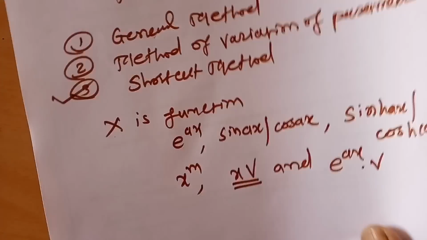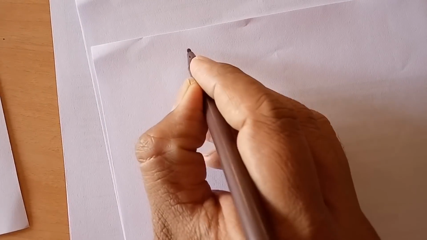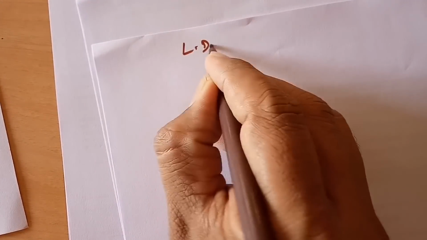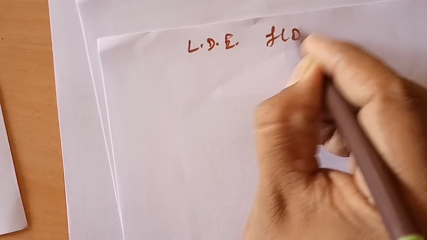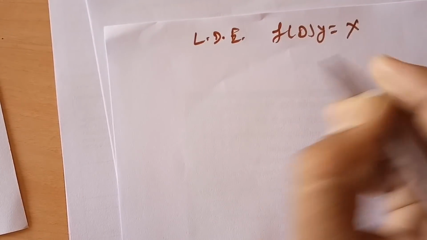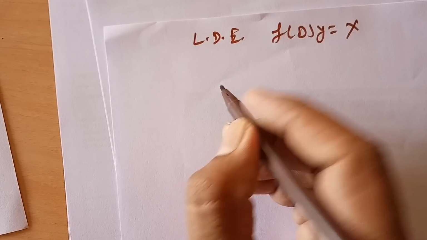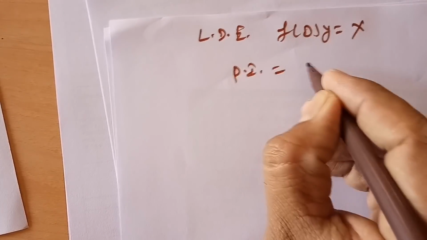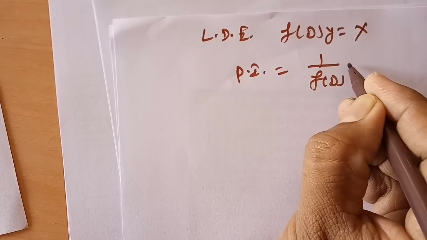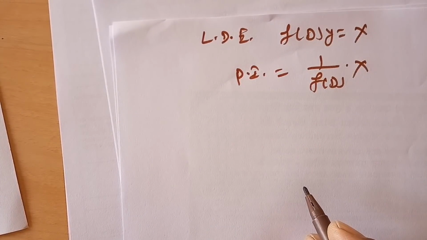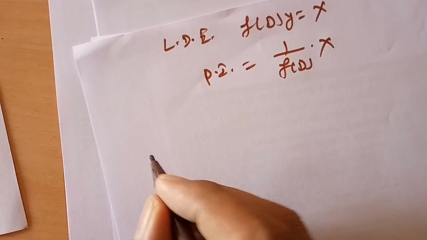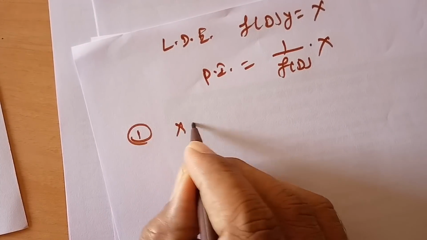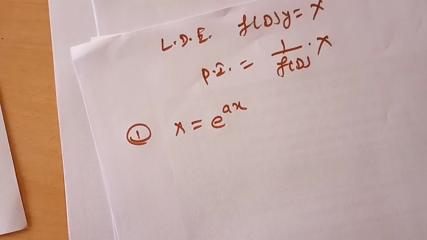Here our general LDE is f of D into y equal to X, and our PI is 1 upon f of D operating on X. Now I will take X as e raised to power x.